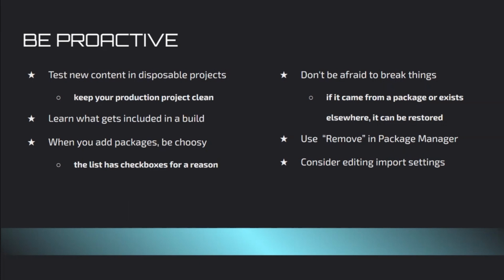Duplicate that like 10 times. It will take up a lot of space on your hard drive, and then go and delete them later. But use those duplicate projects, throwaway projects, to test things out. Don't put test stuff into the project that you want to ship.